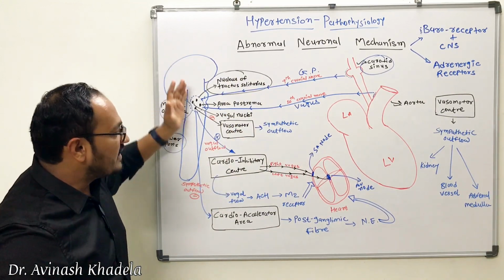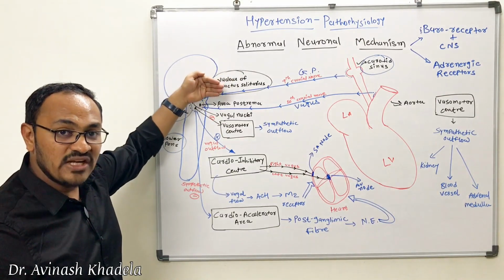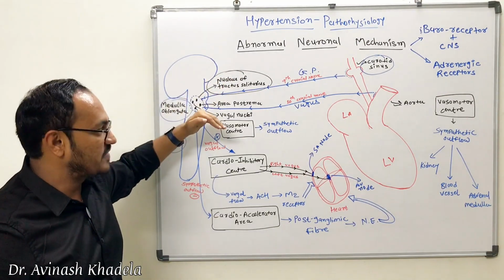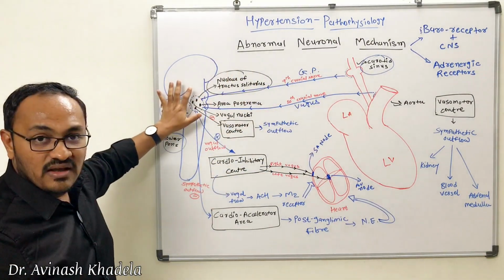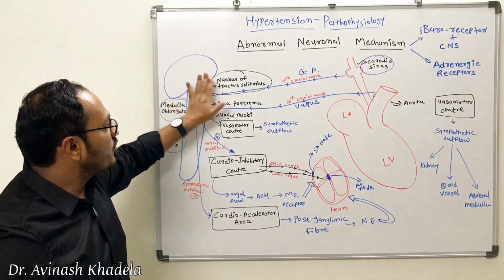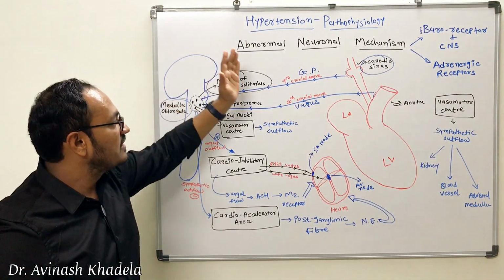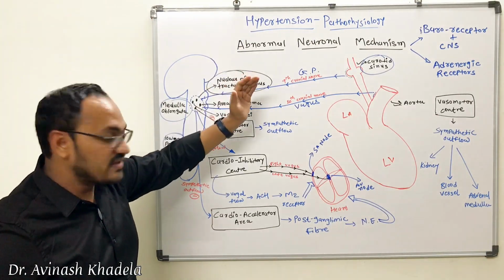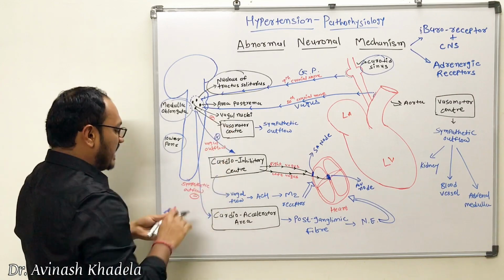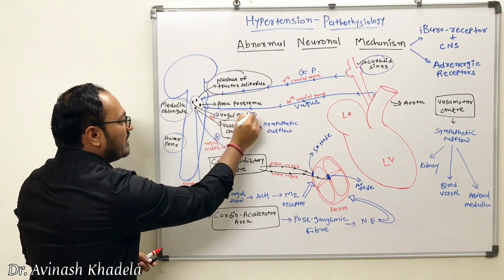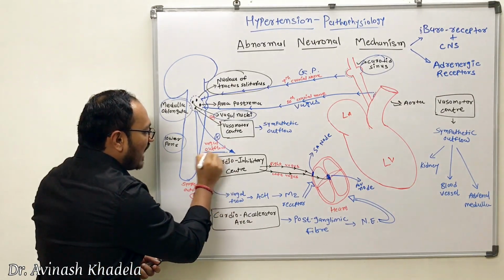Now, let us understand how this nucleus will stimulate the different centers in different situations. Once there is a rise in blood pressure and a signal reaches the nucleus of tractus solitarius, it will first stimulate vagal outflow through the vagal nuclei.